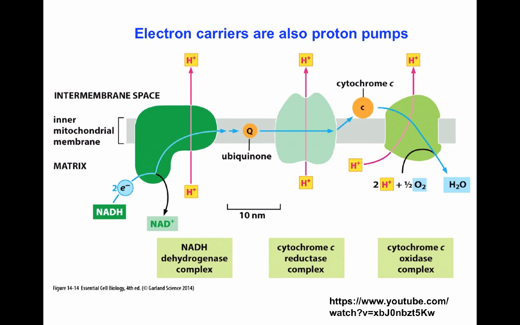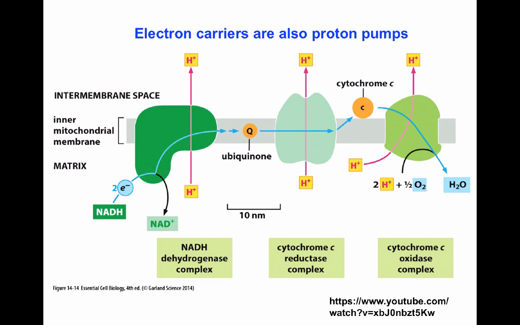So the complex is going to be reduced, and by a series of redox reactions, it's going to pass its electrons across. And per electron, you're going to have a molecule of a proton being transported across the inner membrane of the mitochondria.